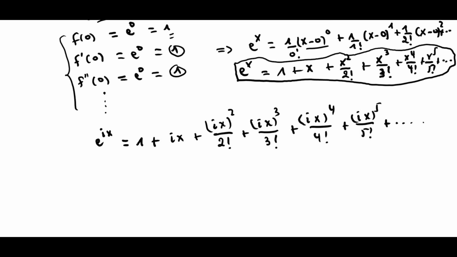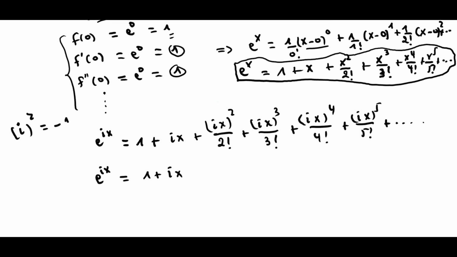So now, do you remember that when we have i squared, this is equal to minus 1? We are going to use this in expanding this sum. So we will get e power ix to be equal to 1 plus ix. Then in here we have i squared times x squared, and i squared is equal to minus 1.